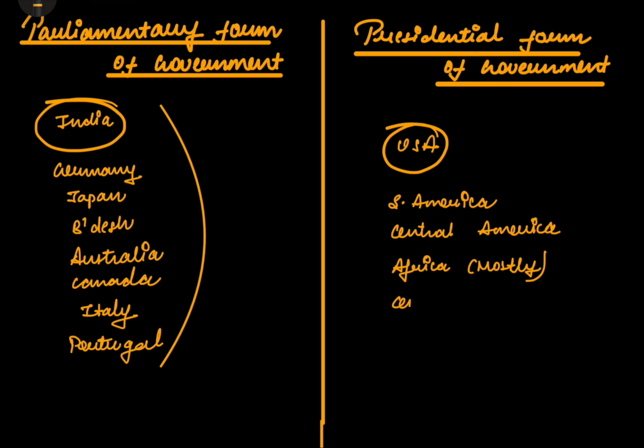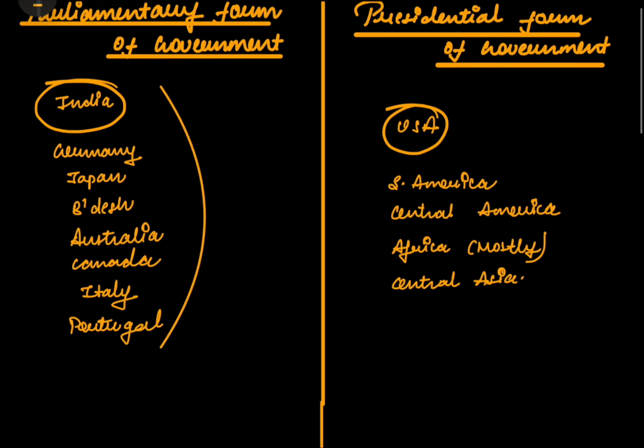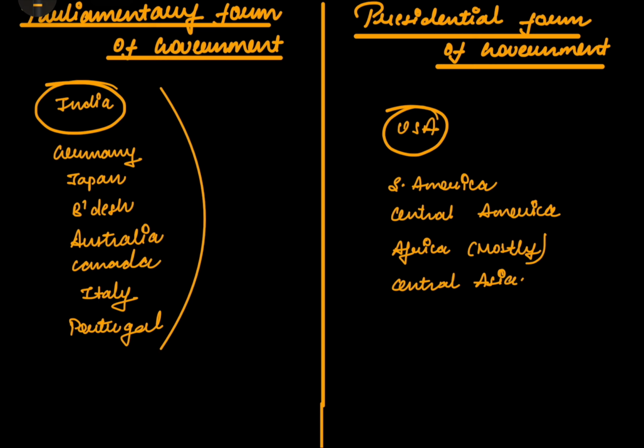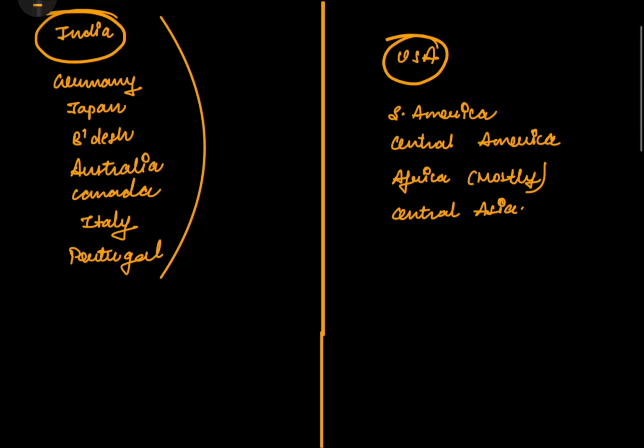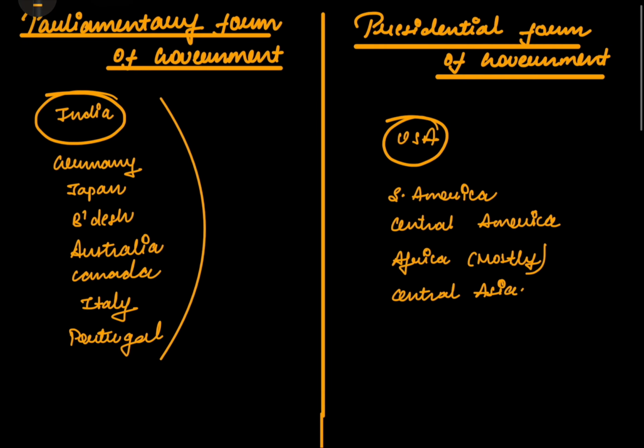And then you can see it in Central Asia. France is some kind of semi presidential form of government, so we will not consider it. I will open up later on those things. Then Russia is also an example of presidential form. In China also there is one party only. So these are some prominent examples for the parliamentary form of government and the presidential form of government.